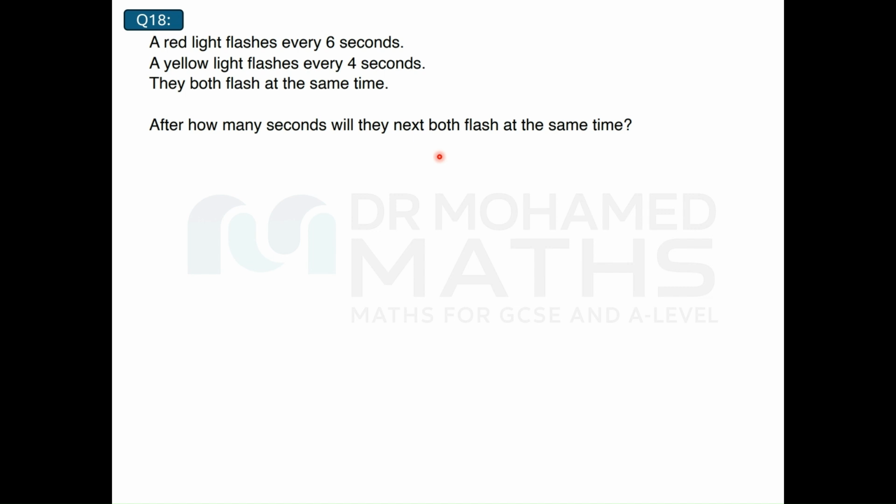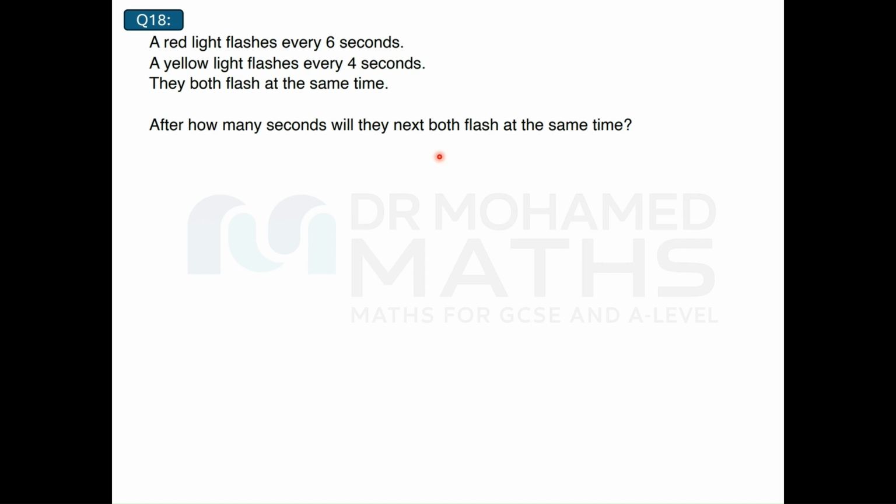This is a funny one. You can imagine there is a car with a signal and there is a next car to the first one with a signal as well. But the first car gives a signal every 6 seconds and the other car gives a signal every 4 seconds. And you are watching these cars and thinking when they are going to flash at the same time.